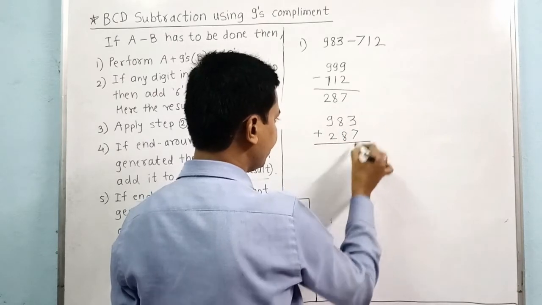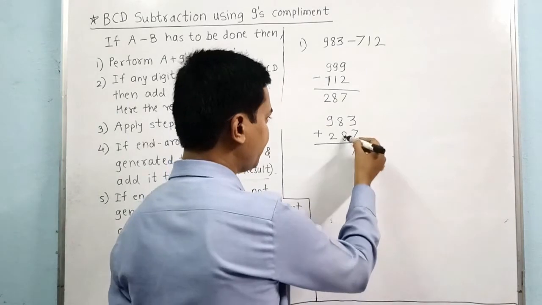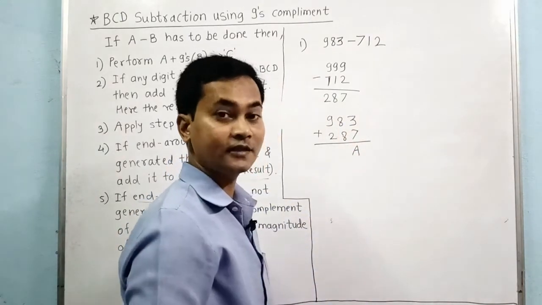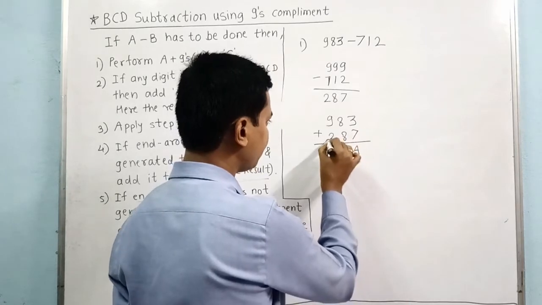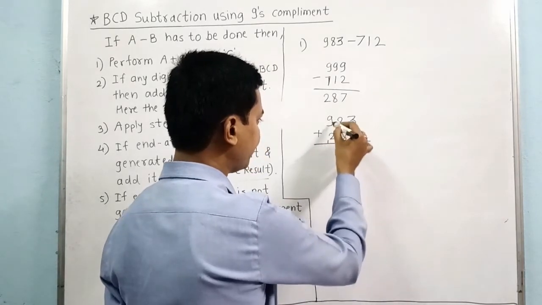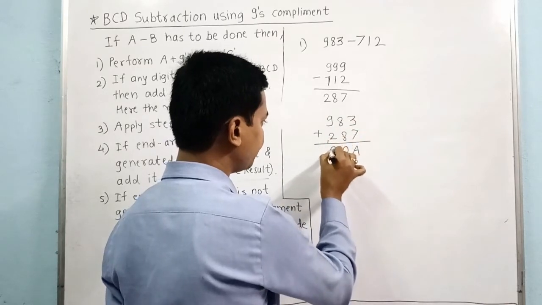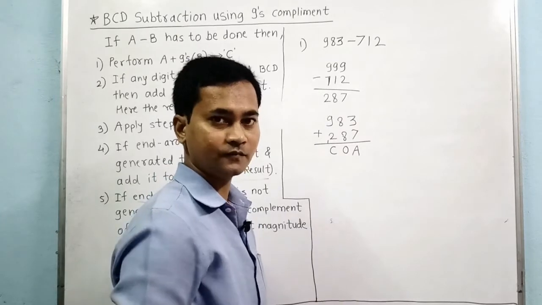So 7 plus 3 is A, that is 10. Then 8 plus 8 is 16, which in hexadecimal is 10, so carry 1, summation 0. Then 9 plus 3 is 12, 12 means C. So this result is in hexadecimal.